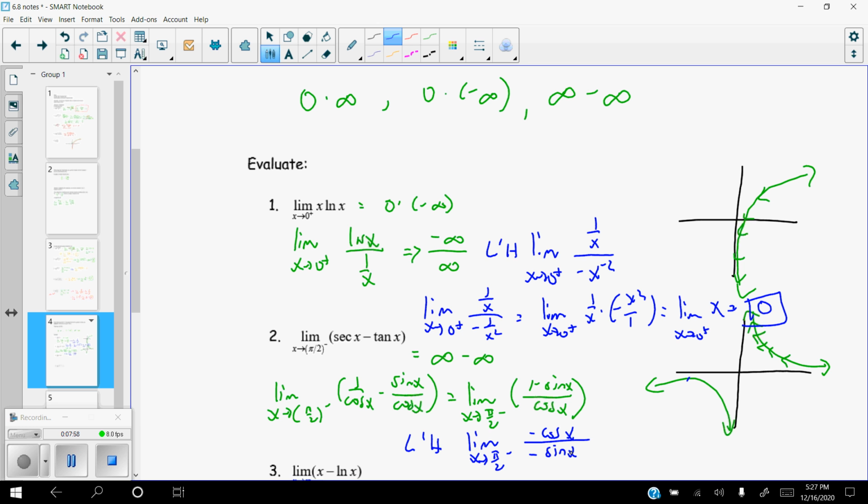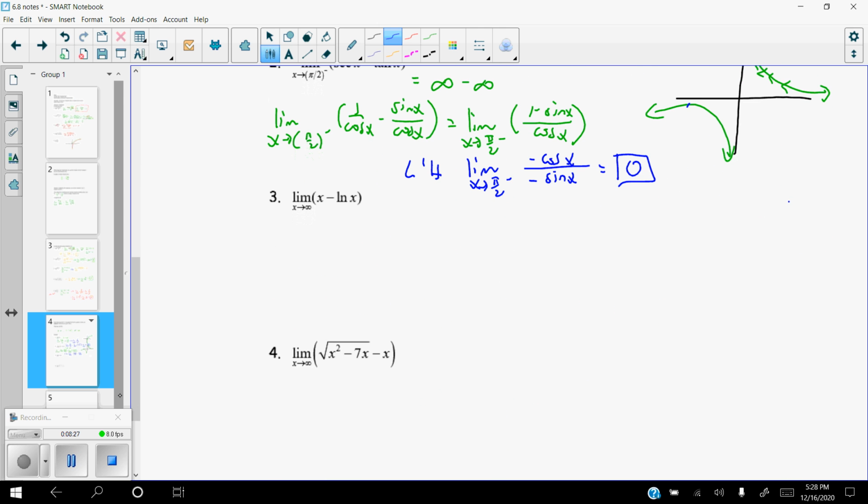The minuses are going to cancel out, but that's ultimately not going to matter because if I directly substitute pi halves into the numerator, cosine of pi halves is 0. Sine of pi halves is 1. I would get 0 over some actual number here, so my limit is 0. So in this case, the infinities must have been growing at the same rates because infinity minus infinity gave us 0.